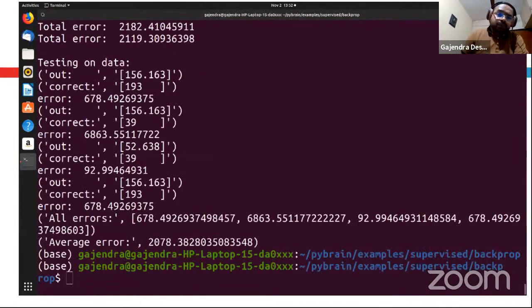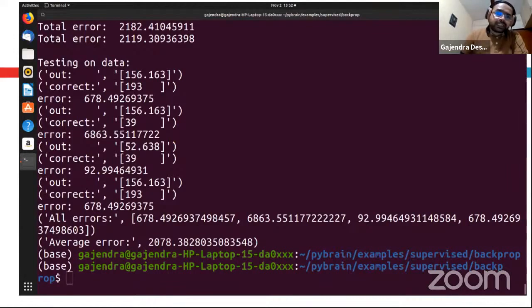Next, you can just remap it: wherever 193 is there, you put 0, and whenever 39 is there, you put 1. So your machine learning model has successfully learned to train on values which are encrypted.